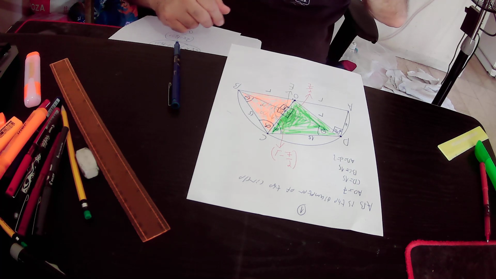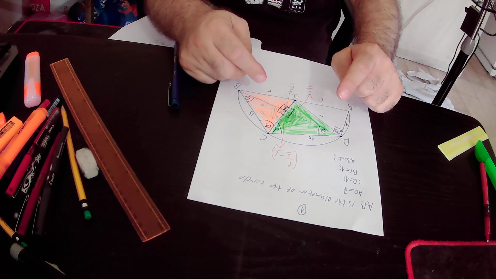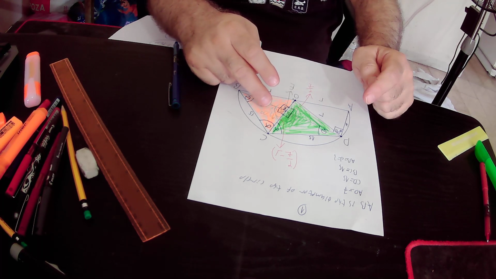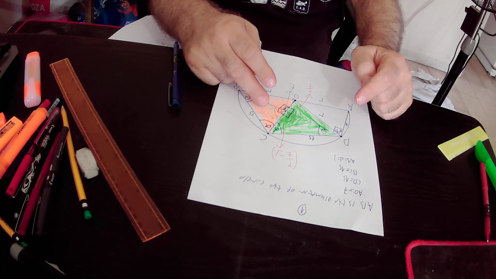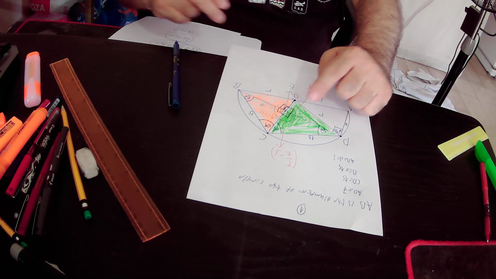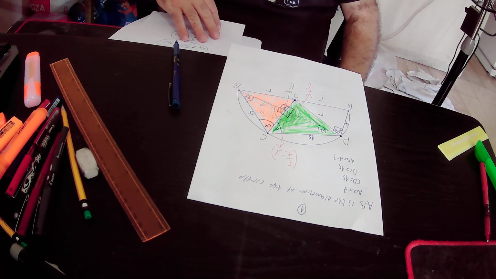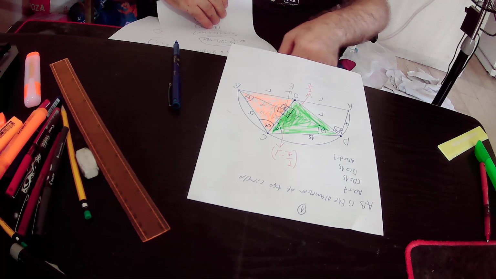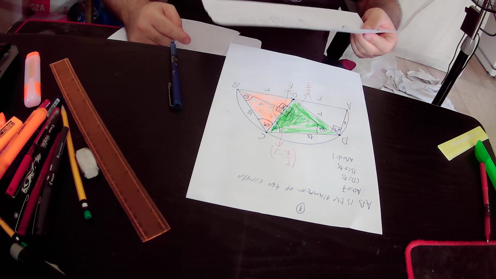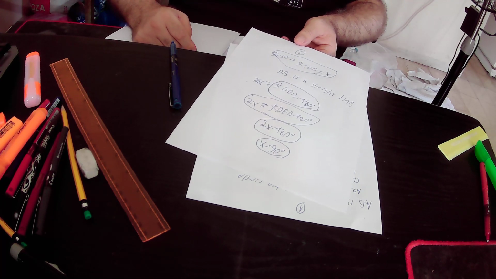From the fact that those two triangles are congruent to each other, we can deduce that angle BEC is equal to angle CED.